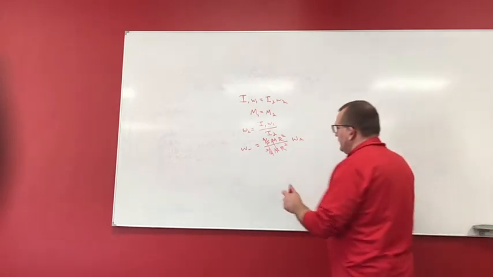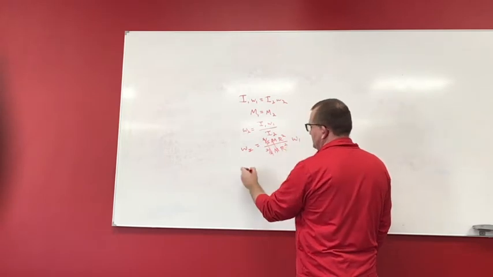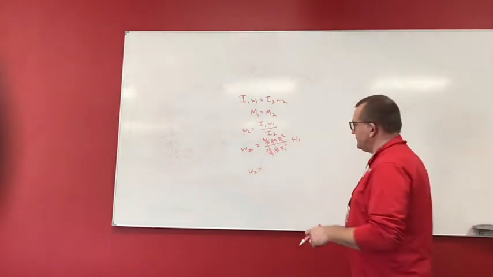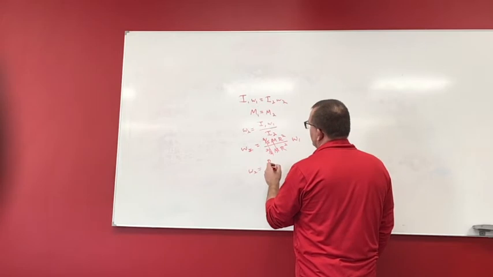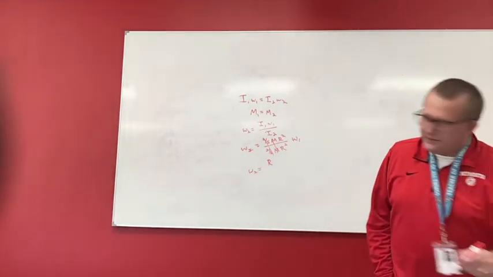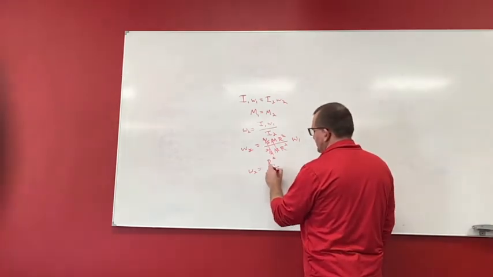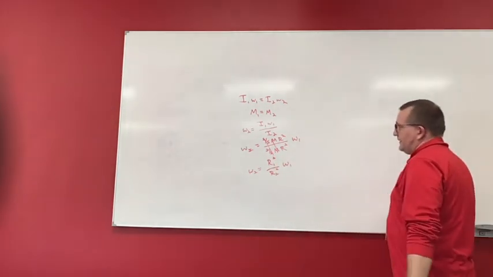So W2, the final angular velocity, is equal to the radius we start with, so radius 1 squared over radius 2 squared, times the velocity of 1.